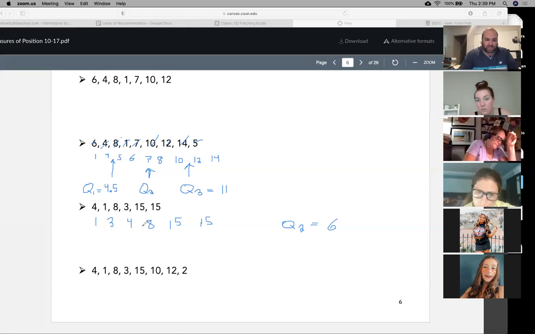So Q2 is 6, which is somewhere in between 4 and 8. What's Q1? 3, and we're done. There's an odd number, it's the one in the middle. What's Q3? 15. Odd number, one in the middle.